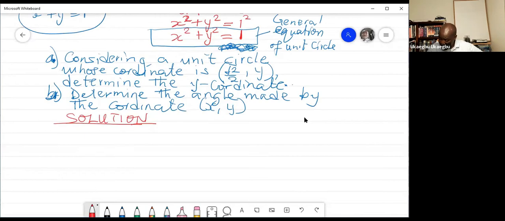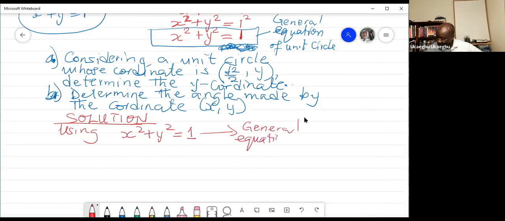So you say using x squared plus y squared equal to 1, which is the general equation of the unit circle. All right. So all we got to do at this point is to plug in the numbers that we have.